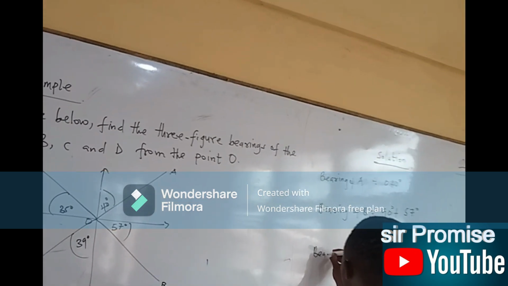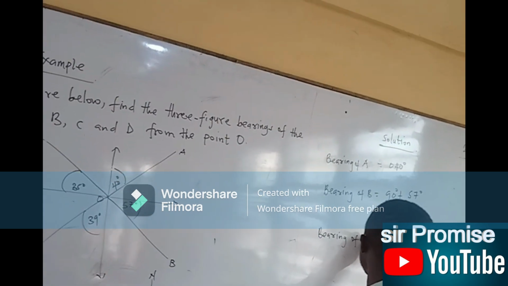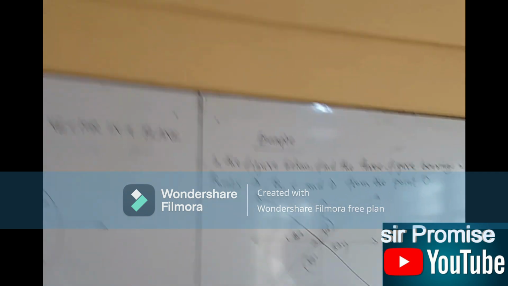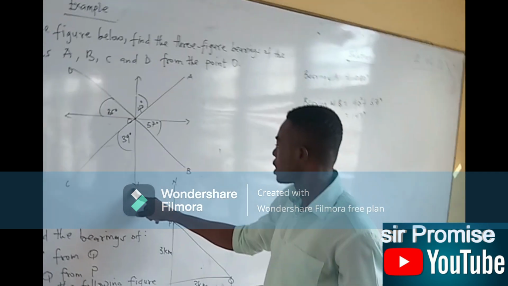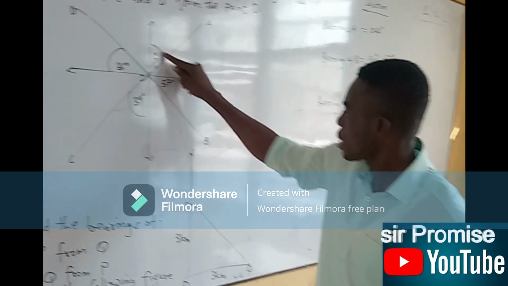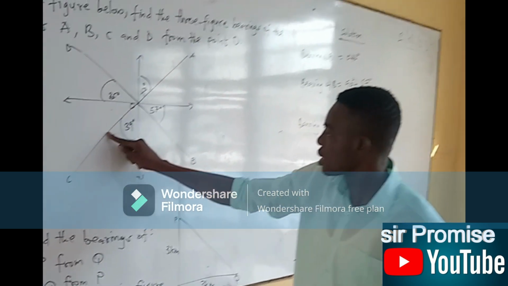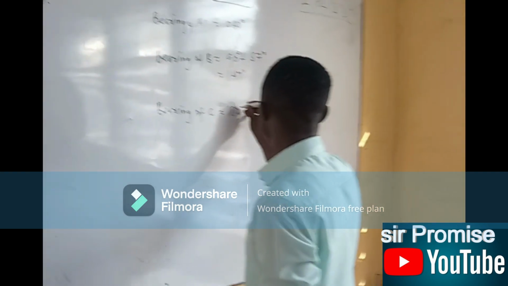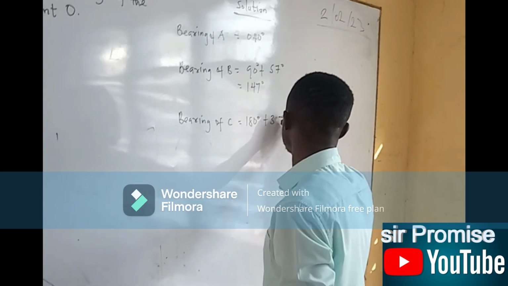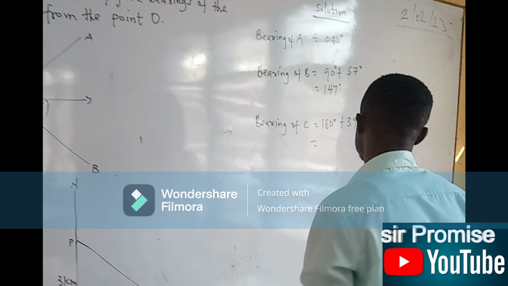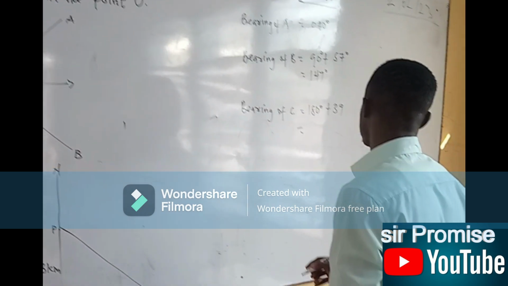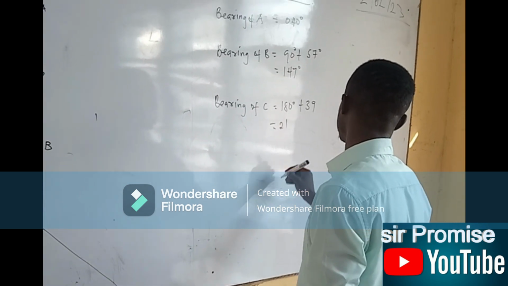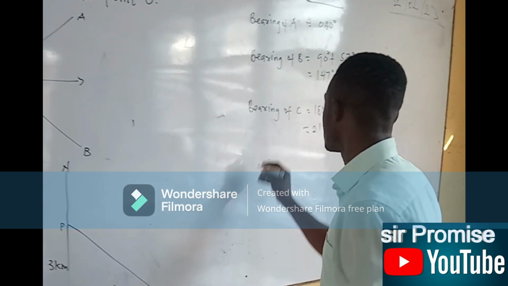Let's go to the bearing of C. So this is the line we are talking about, and we already know that here is 180. So if this is 180, we are constructing the bearing from the angle from here to this place. So the bearing of C is going to be 180 plus the 39, and this is going to be 219 degrees.